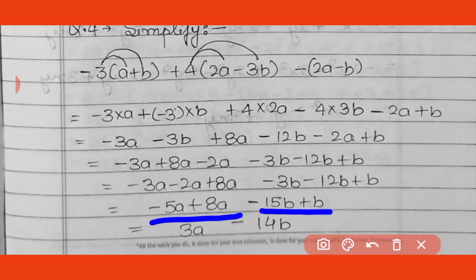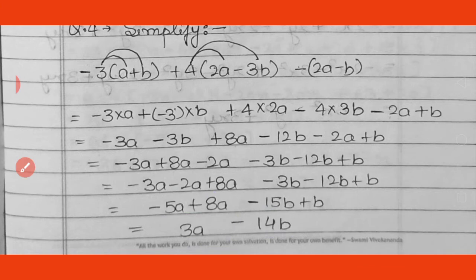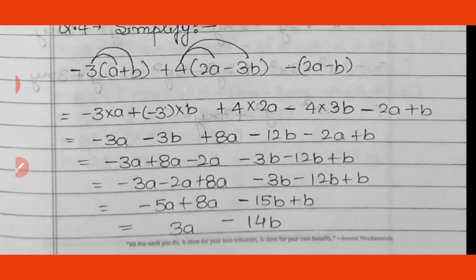So 8a minus 5a becomes 3a, and here 15b minus b becomes 14b. We will put a sign of minus before the 14 because 15b was greater than 1b. So we will put a sign of minus. So the answer we have found is 3a minus 14b.